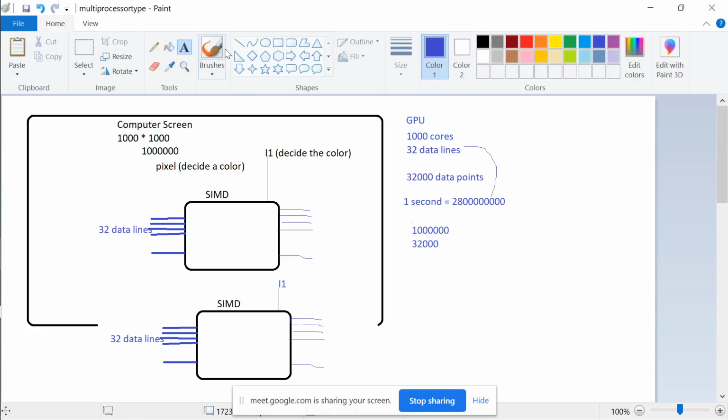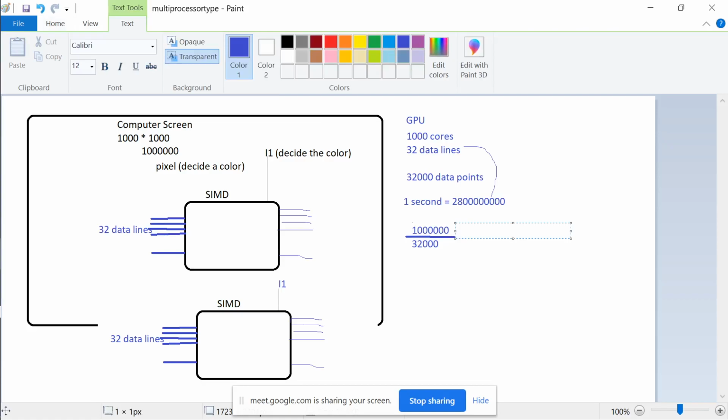I hope you all are understanding the maths now, how the math is getting calculated. If we have this many points, total pixels to be calculated, divide by total pixels calculated per clock cycle.